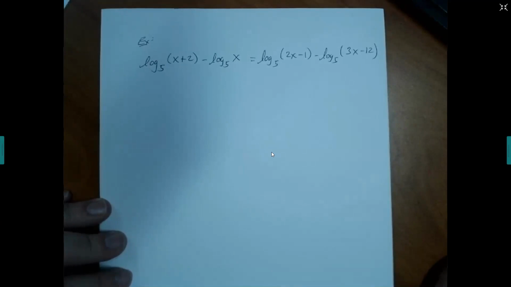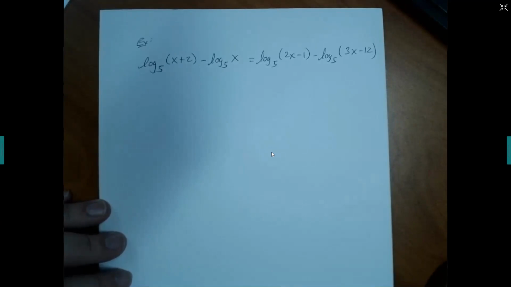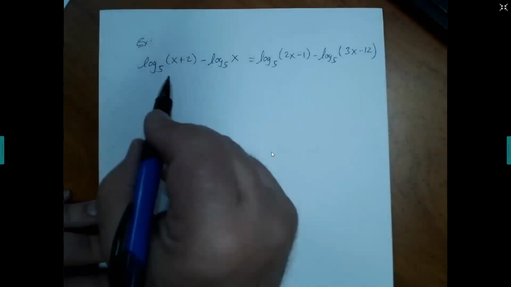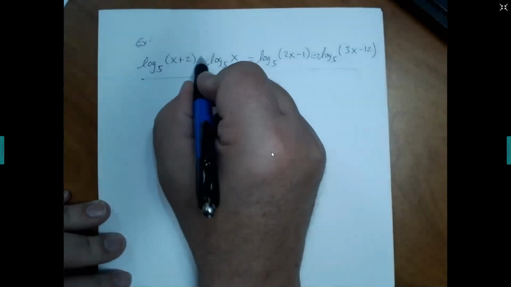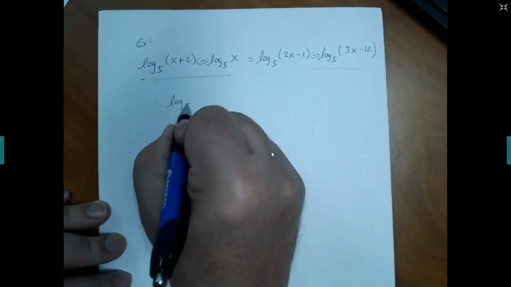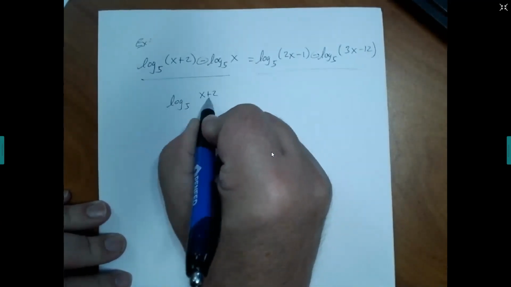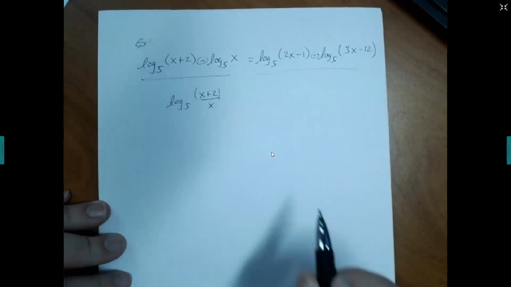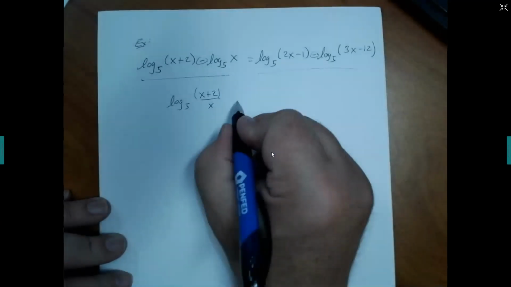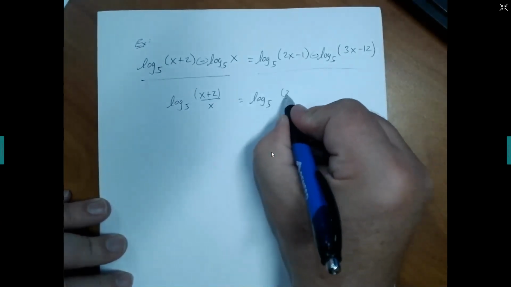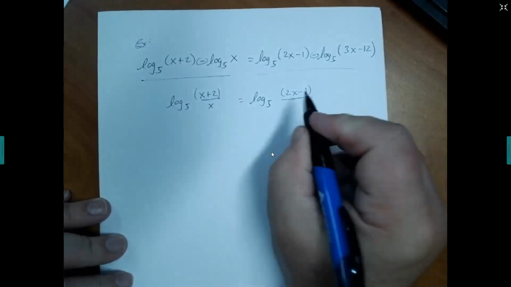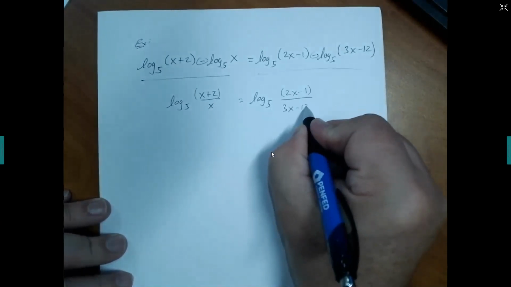What do you think we have to do first? Take those first ones on the left side and make a fraction out of it. They're both going to be fractions, but both have minuses between them. Log base 5 of x plus 2 over x equals log base 5 of 2x minus 1 over 3x minus 12.